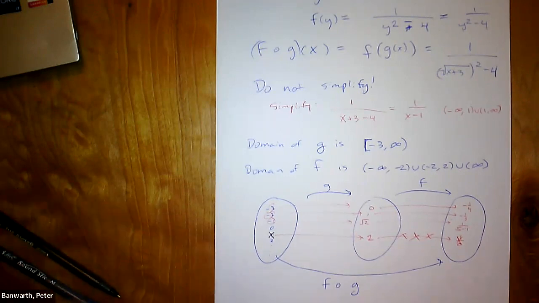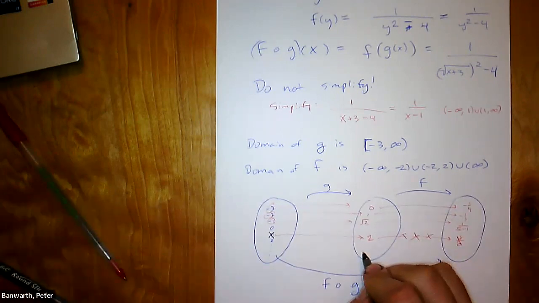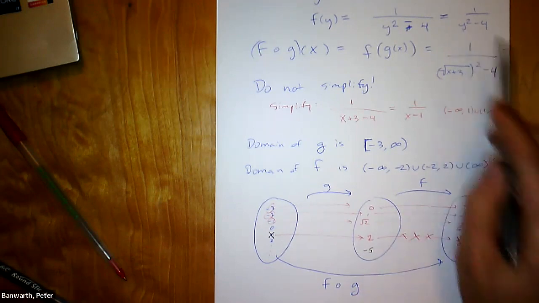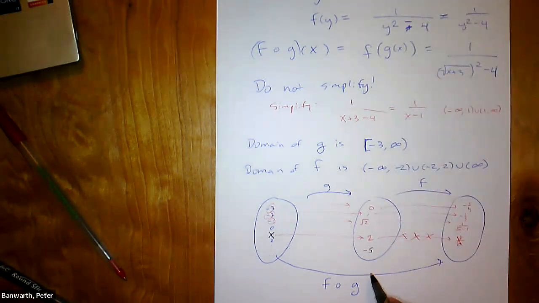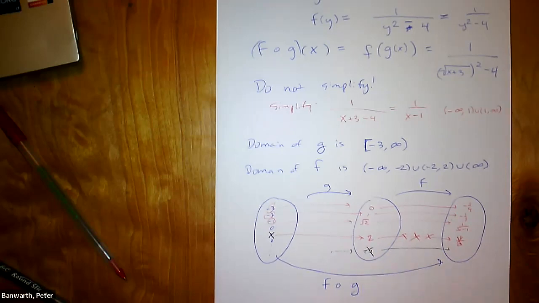And of course, there's more numbers that can go into F. For example, I could put -5 into F. That's not a problem. But I can't get -5 from G. So that could go through, but it didn't come from anywhere. So that can't be in my domain either.